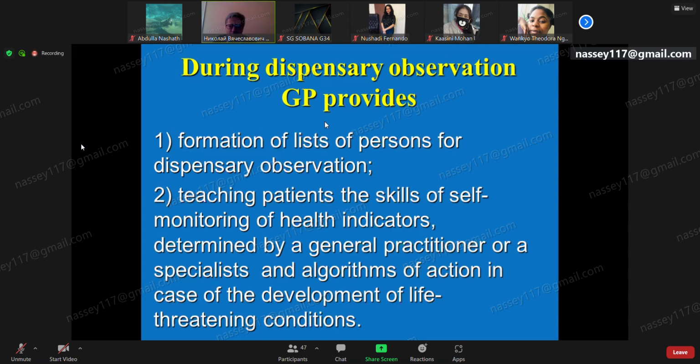Now, please, let's discuss what the role of dispensary observation is, what the process is, and what the GP provides in it. He provides information of lists of persons for dynamic observation.